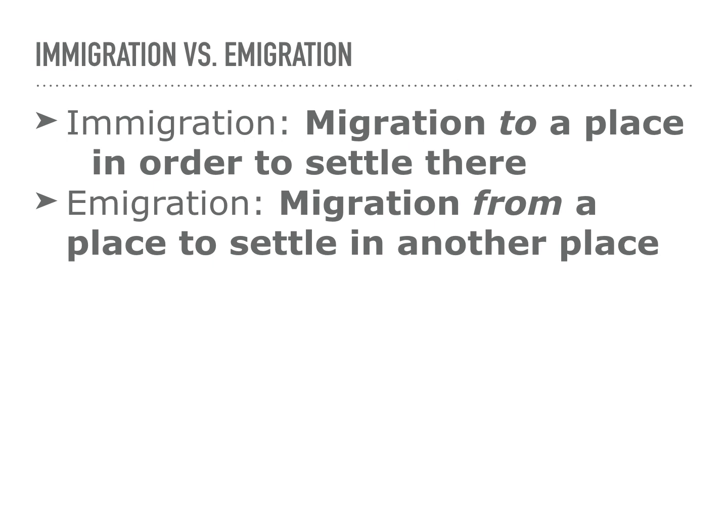Immigration with an I is migration to a place in order to settle there, and emigration with an E is migration from a place to settle in another place. So, you can think of it as, with immigration, you're going in to a new place, and with emigration, you're exiting the old place you were living.